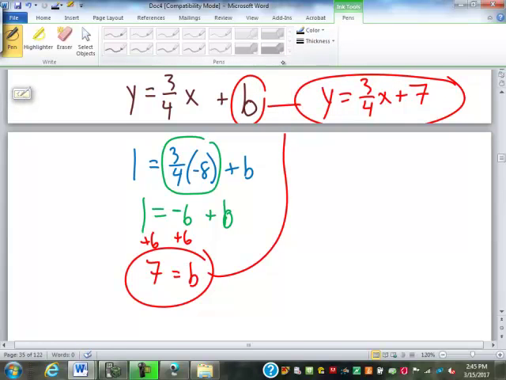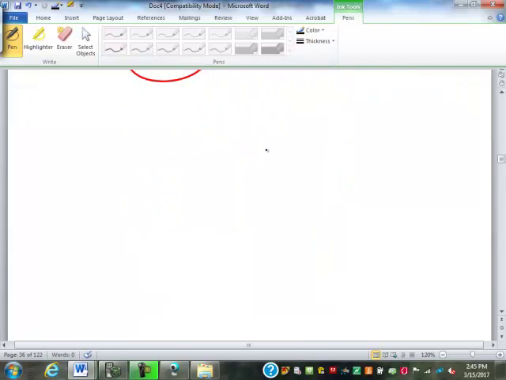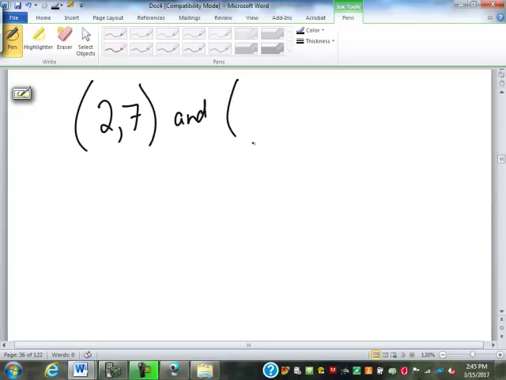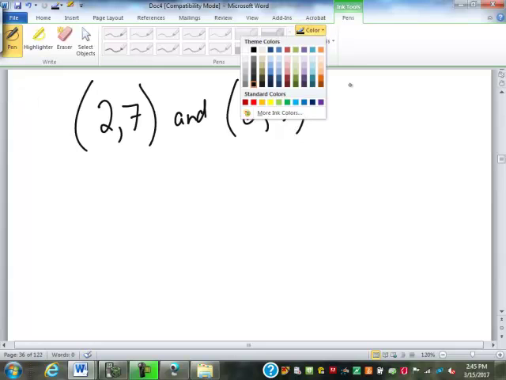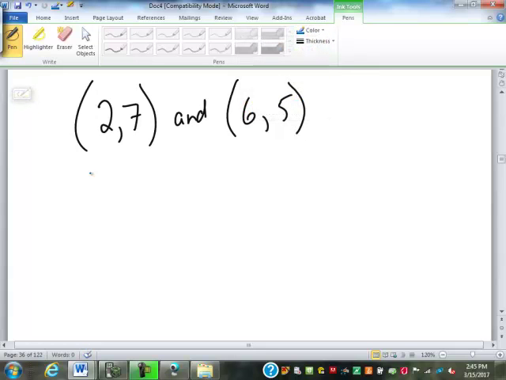And of course, the last one we did, if I told you the line goes through 2, 7, and 6, 5, our first step was to find the slope by doing what?